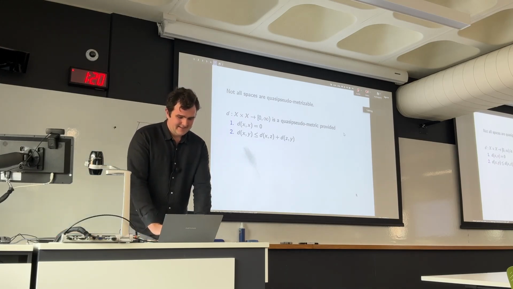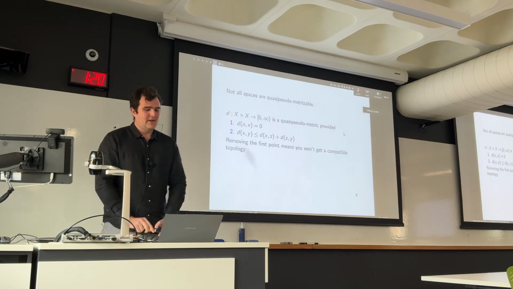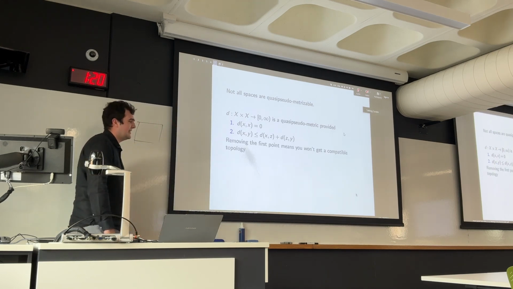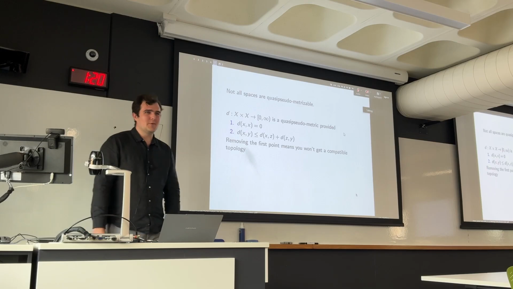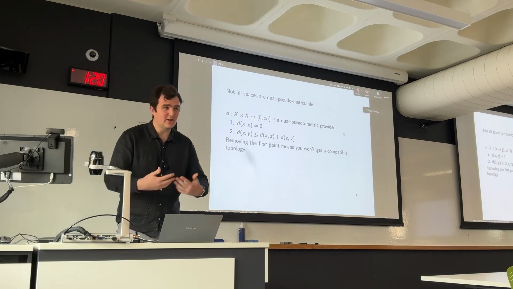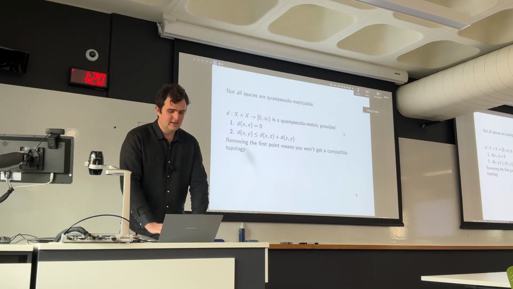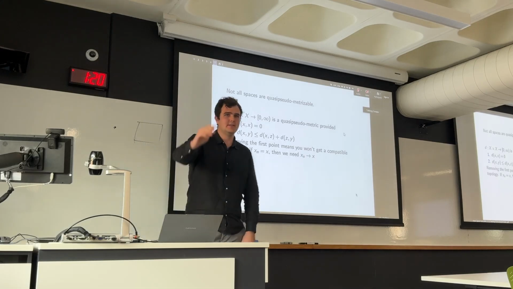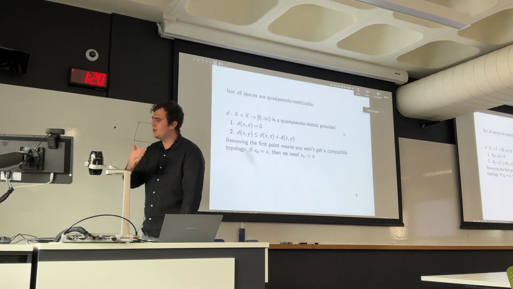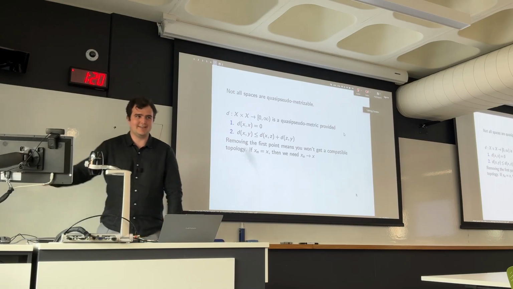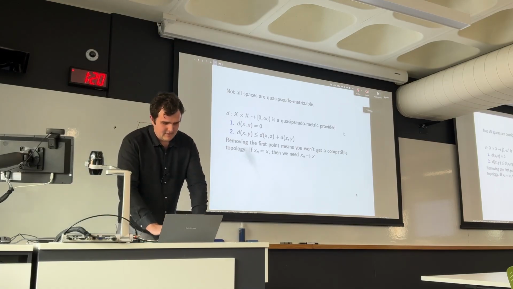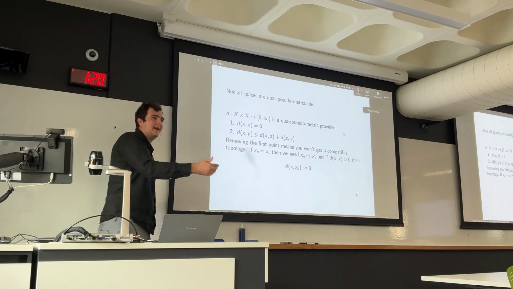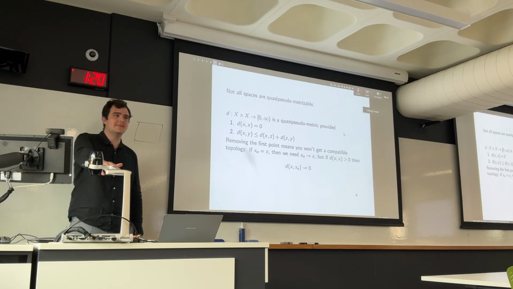All right. So if you just delete the requirement that the distance between x and x is equal to 0, then you don't really end up with something that agrees with any generated topology. Because you take the sequence xn equals x, a constant sequence. Then you definitely require in any topological space for xn to converge to x. But then you look at the distance between x and xn, and now that doesn't go to 0.